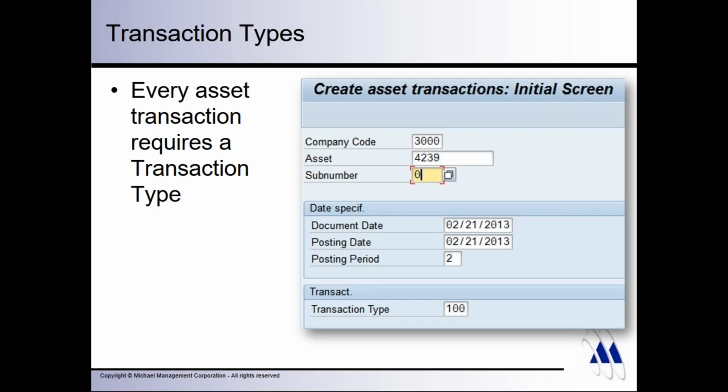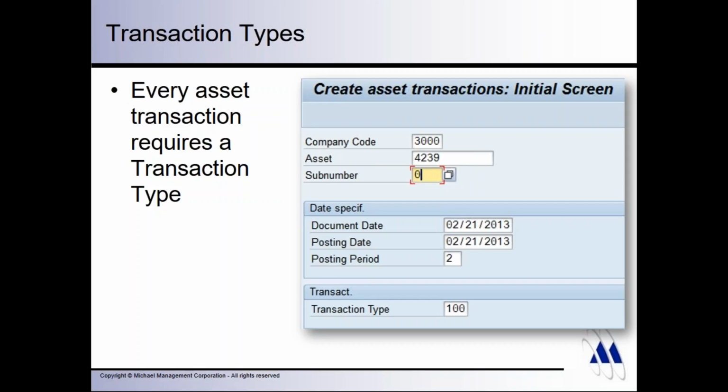First, let's understand transaction types. If you're familiar with asset accounting a little bit, you already know that every asset transaction that gets posted, without exception, requires a transaction type. That's pretty unique to the asset accounting submodule, if you will, or component. Other subledgers don't have these transaction types, right?